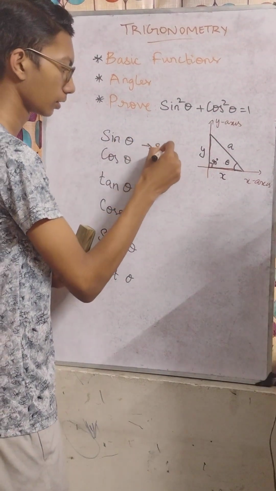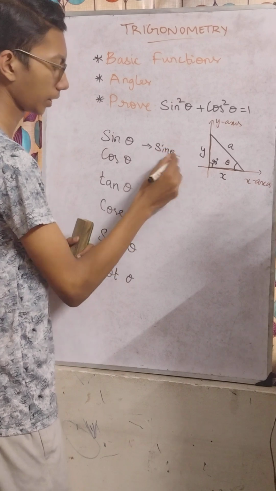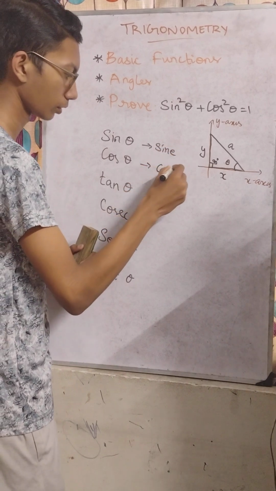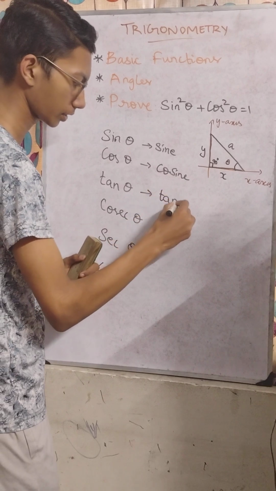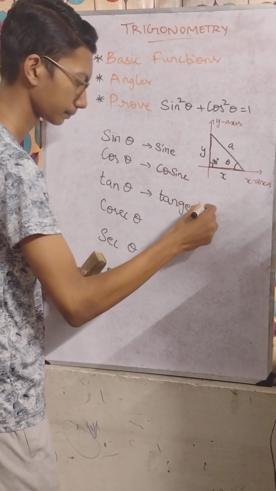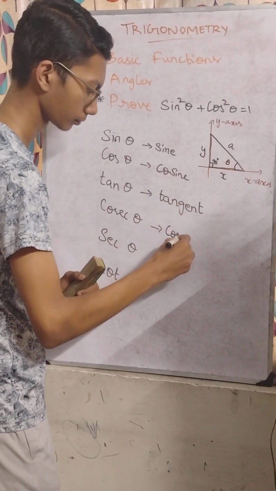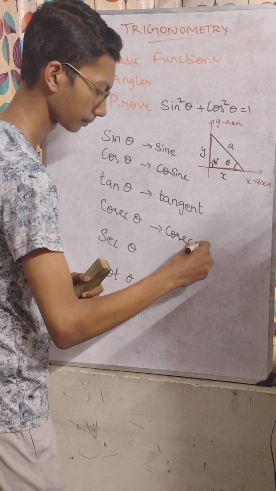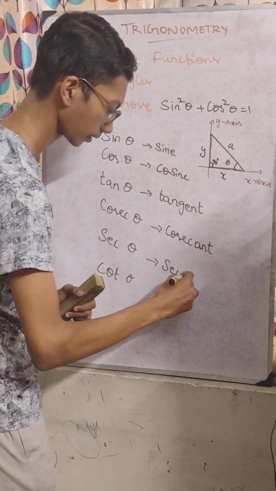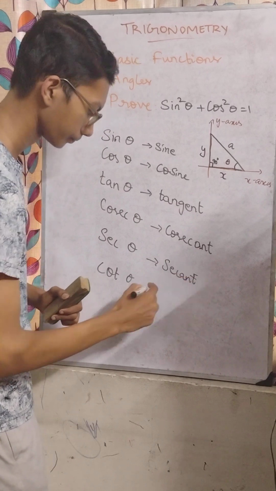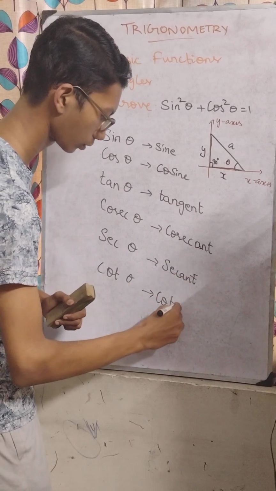So this is sine theta, this is cosine theta, this is tangent, this is cosecant, this is secant, and this is cotangent.